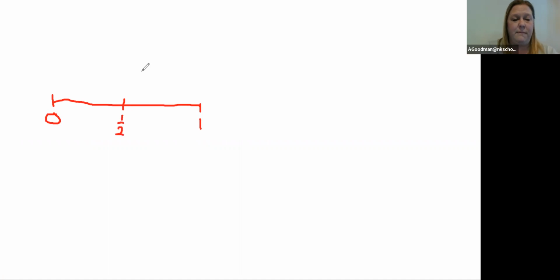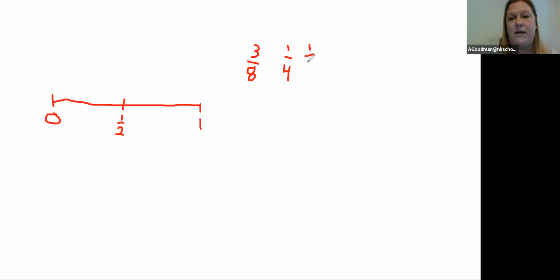Let's just use the ones that we used in the example problem. So 3/8, 1/4, and 1/2.